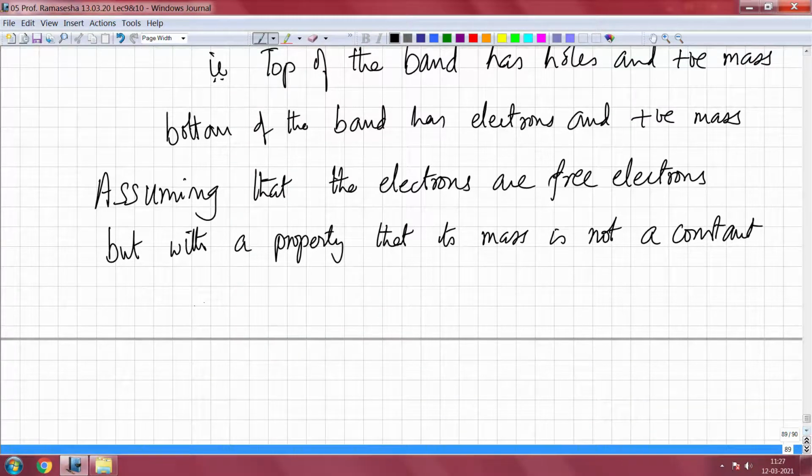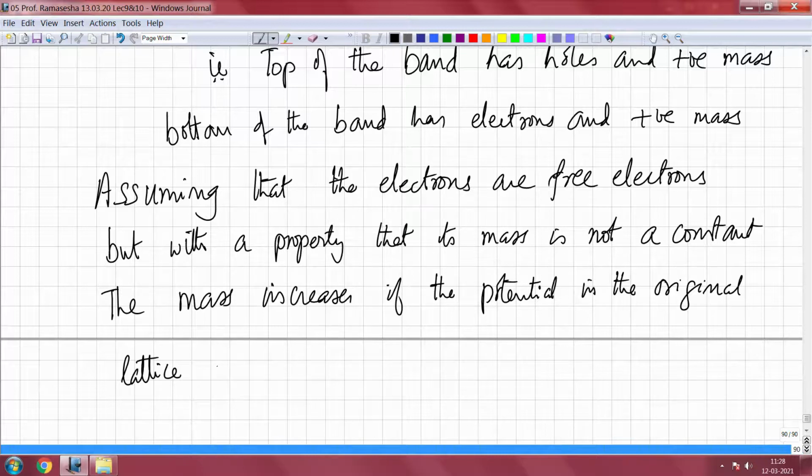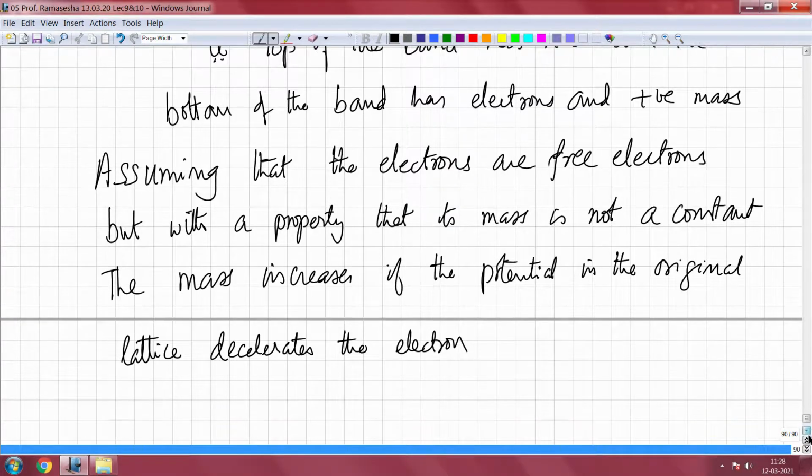The mass increases if the potential in the original lattice decelerates the electron, and the mass reduces if the potential in the lattice is going to accelerate the electron. So, this is the picture that one can think of for the effective mass of the electrons.